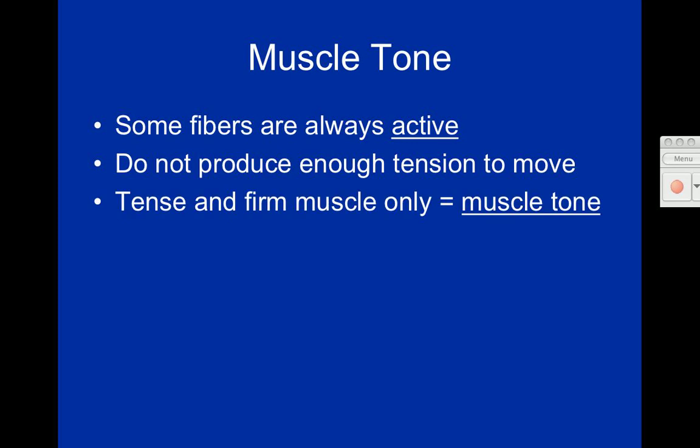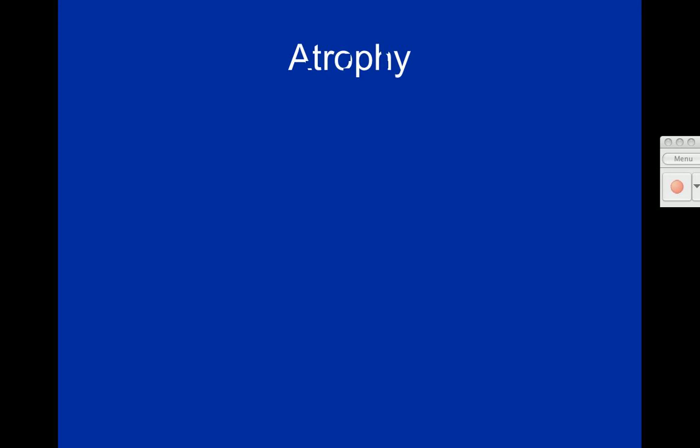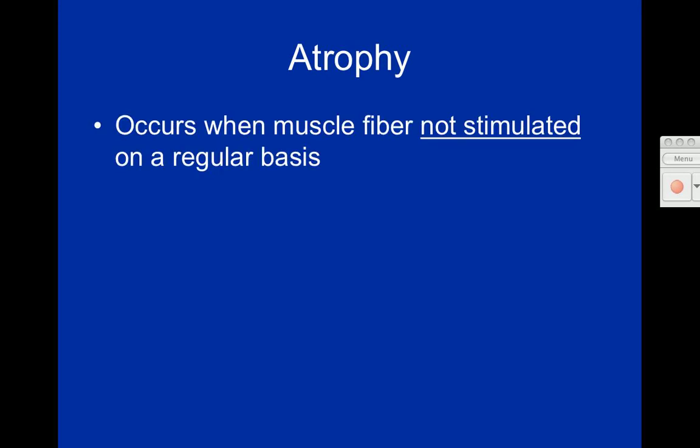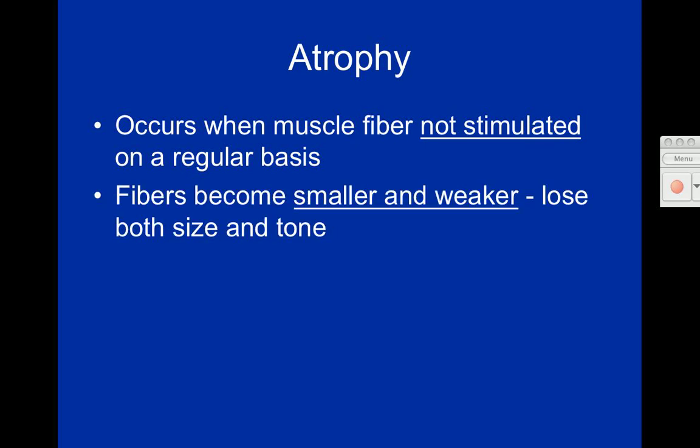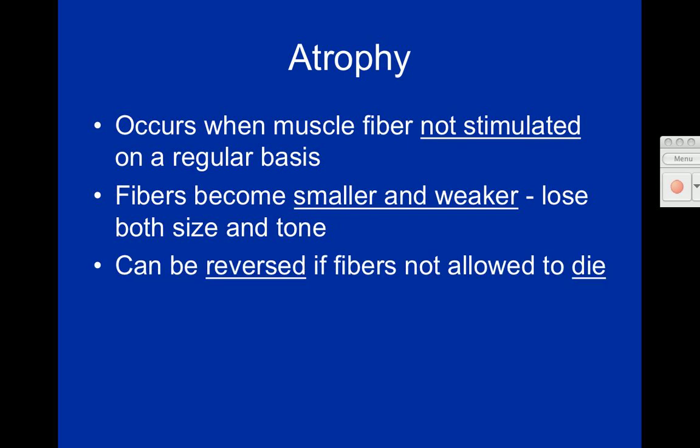They are simply there tensing and firming the muscle, which is what our muscle tone is. Now, people who are not active often experience atrophy, and that happens when the muscle fiber is not stimulated on a regular basis. So the fibers become smaller and weaker. They lose both size and tone, but it can be reversed if the fibers are not allowed to die.